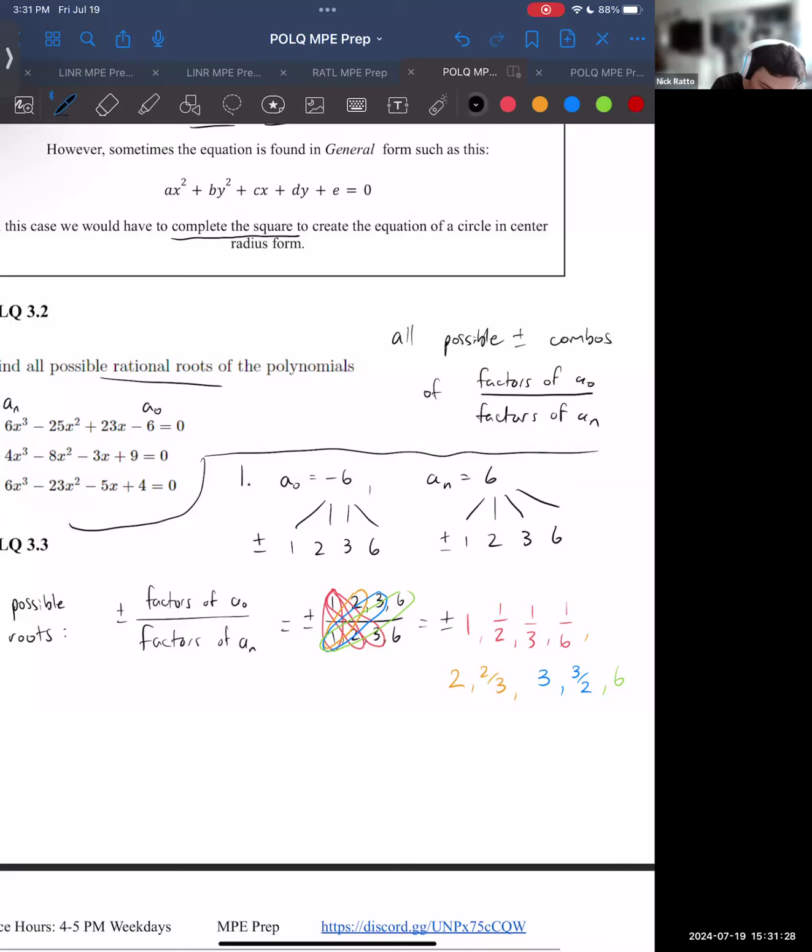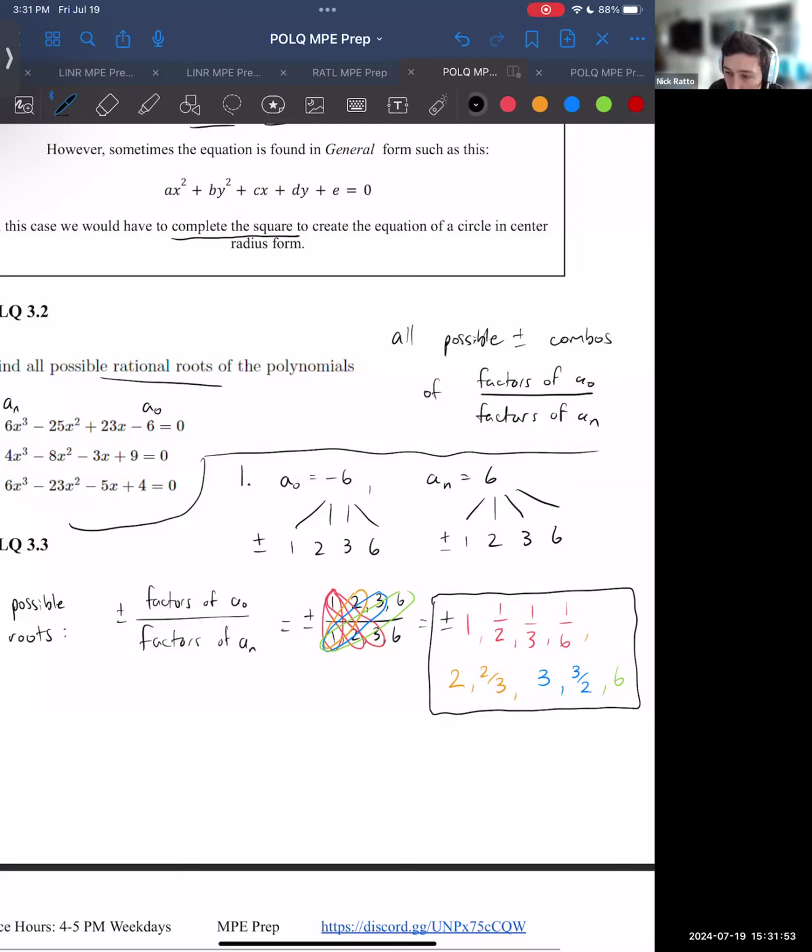And so this bank here is all possible rational roots for this expression. We have, as you can see, 9 distinct numbers. Each one could be positive or negative. So we have 18 possible rational roots to this expression.